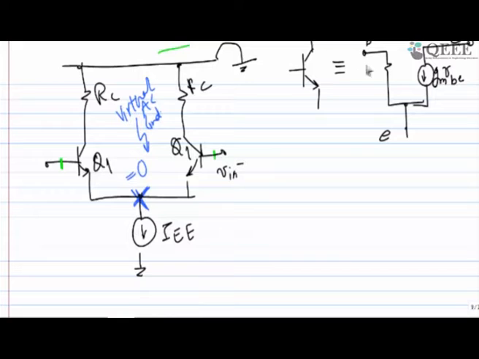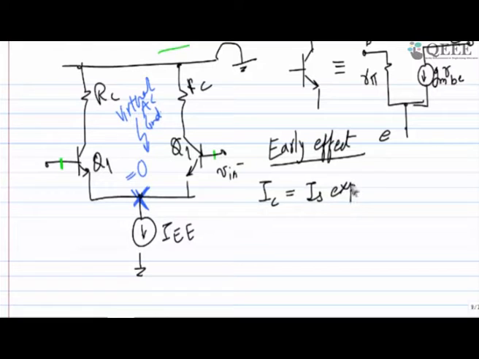Now we learned this, but on top of it we also learn that there is an early effect voltage. So early effect is going to give you the collector current equal to Is exponential Vb by Vt. This was the older equation without early effect, but if there is early effect, it is multiplied by 1 plus Vc by Va.